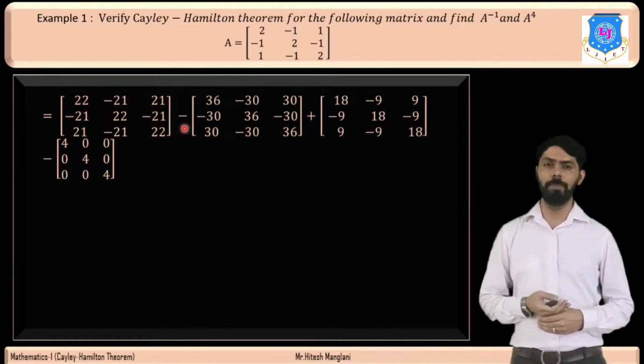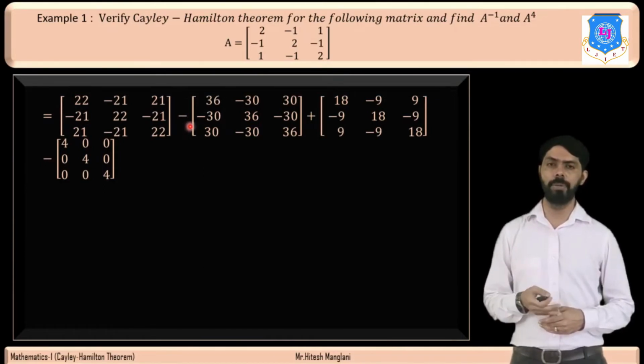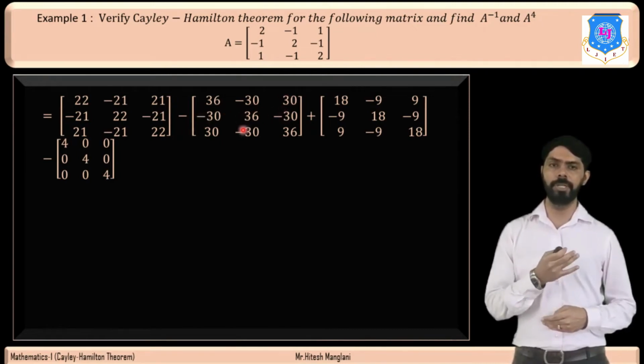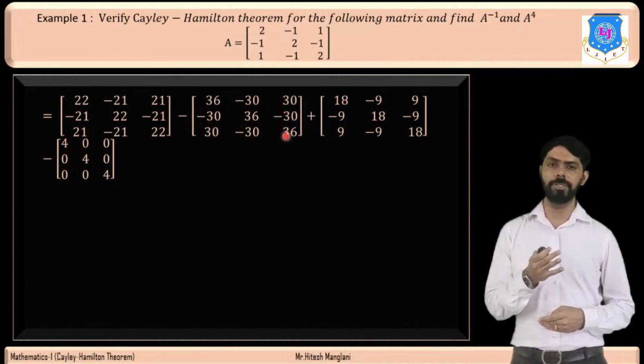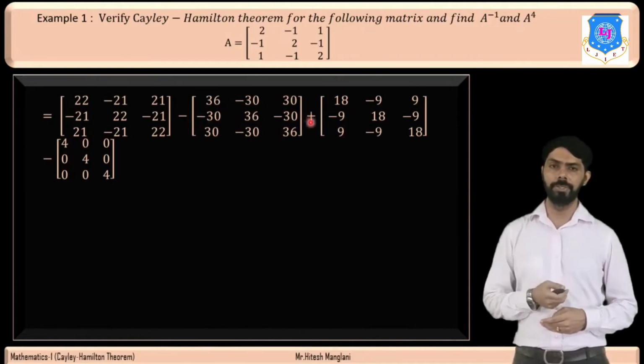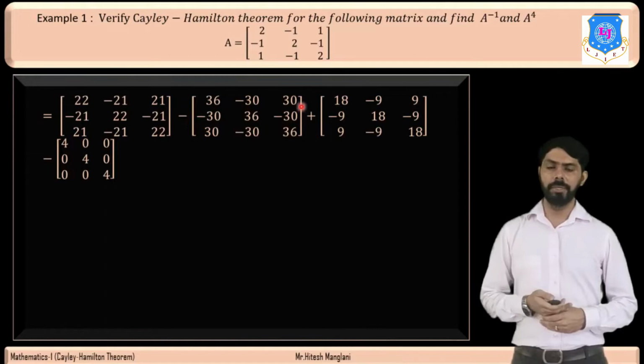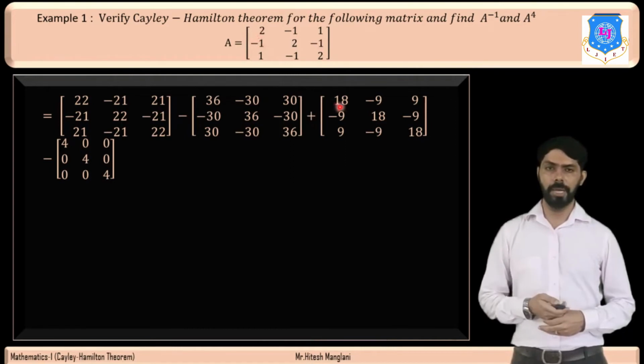So we will have to multiply all the elements of matrix A square by 6. So it will be [36 -30 30; -30 36 -30; 30 -30 36], plus 9A. So we will have to multiply all the elements of matrix A by 9.